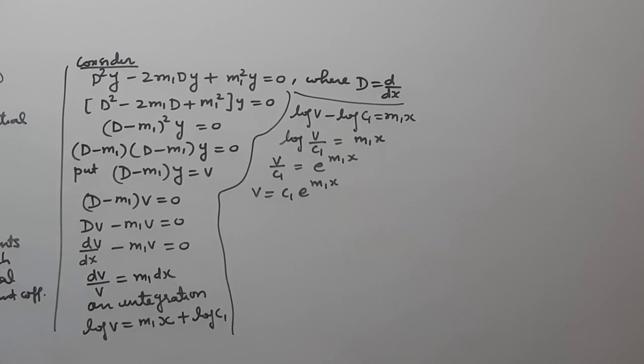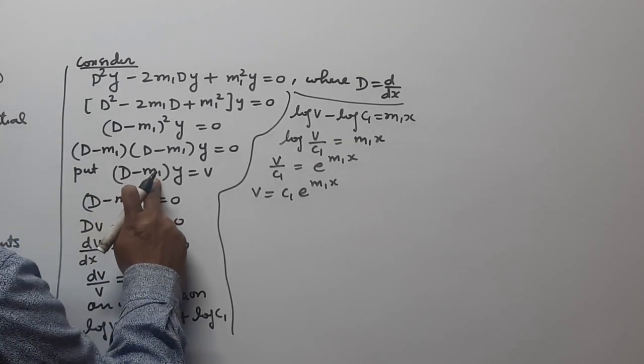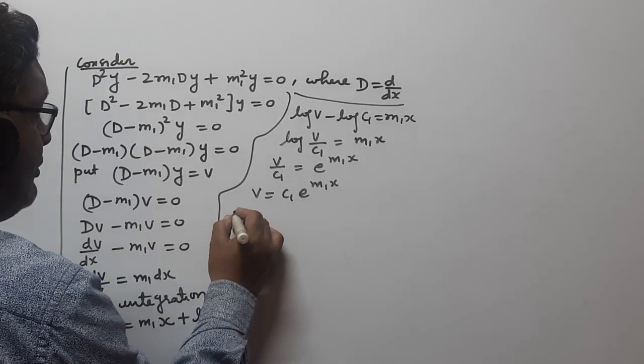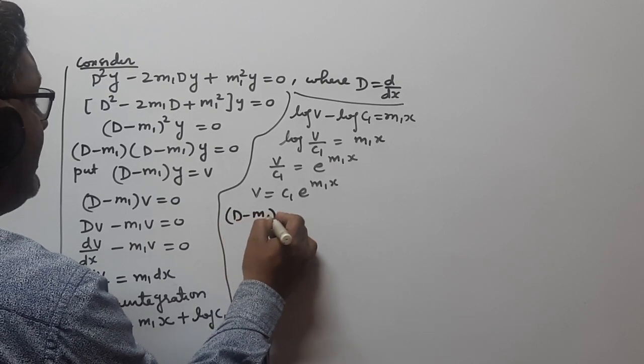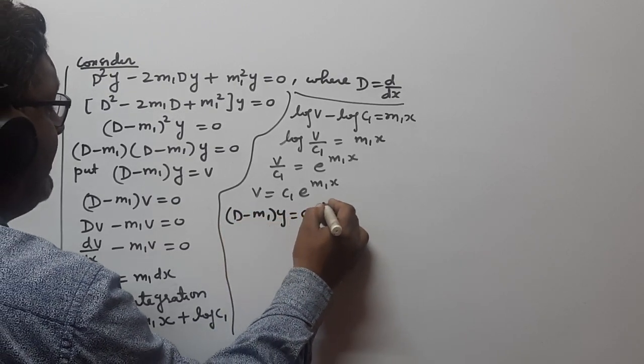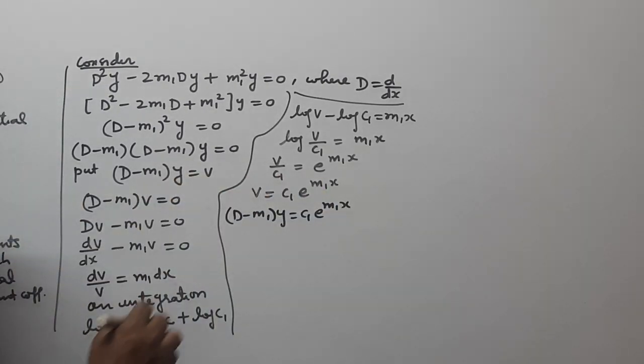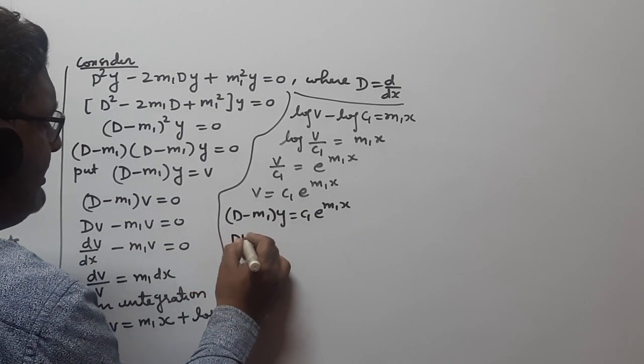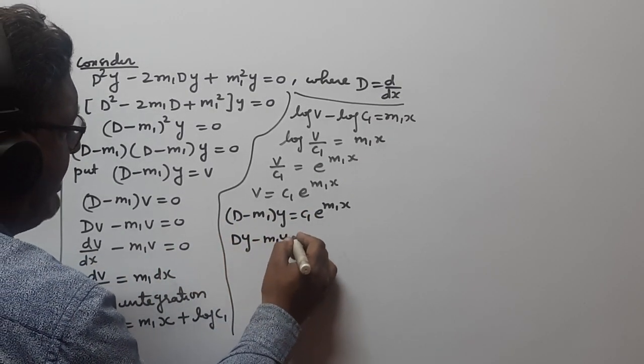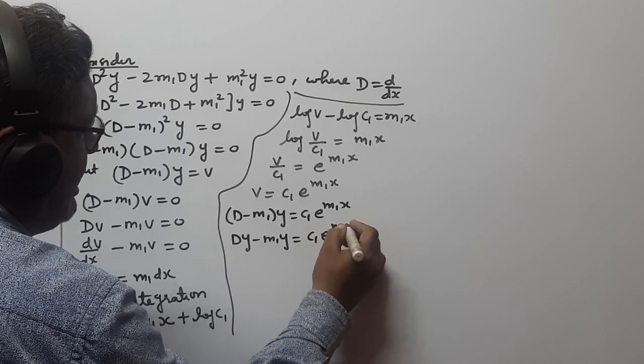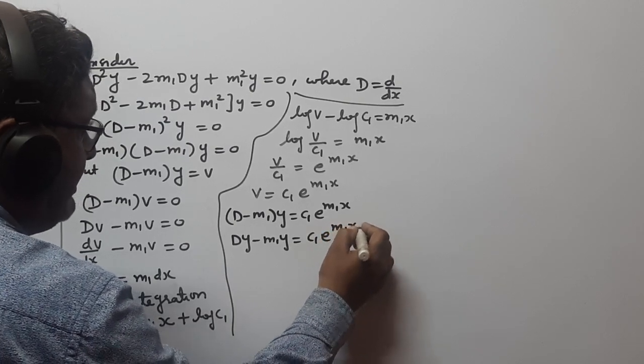Now we can see here v is equal to (D - m1) times y. So here we write (D - m1)y is equal to c1 e to the power m1x. This can also be written as Dy minus m1y is equal to c1 times e to the power m1x.